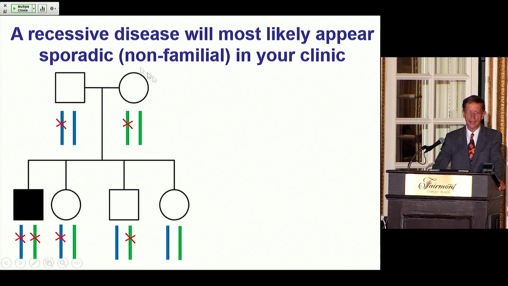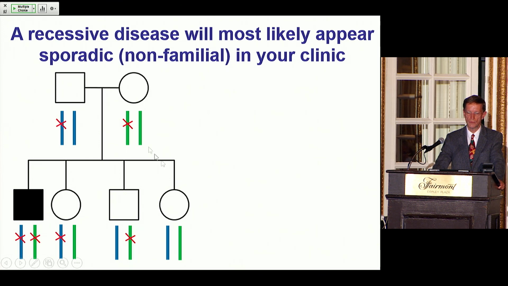On the other hand, if we look into recessive disease genes, they will often appear sporadic in your clinic. And here's why. My friend Gregory Mendel stated that if parents are heterozygous for a disease gene mutation and they have 4 children, there's a 50-50 likelihood that one or the other chromosome will travel to the children.